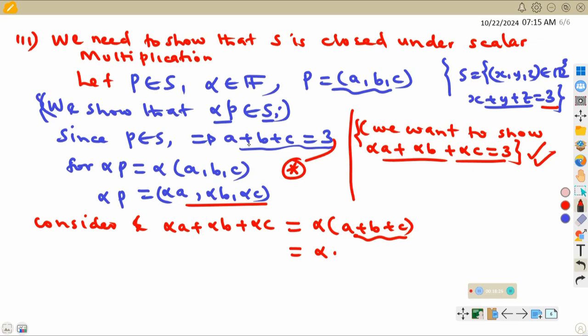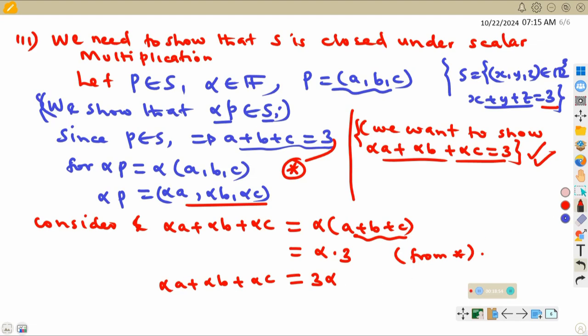When we get A plus B plus C, we get a 3 because we let P be an element of S. So alpha times A plus B plus C is a 3. So this will give us 3 alpha. This is from equation star. So we are getting alpha A plus alpha B plus alpha C equal to 3 alpha.